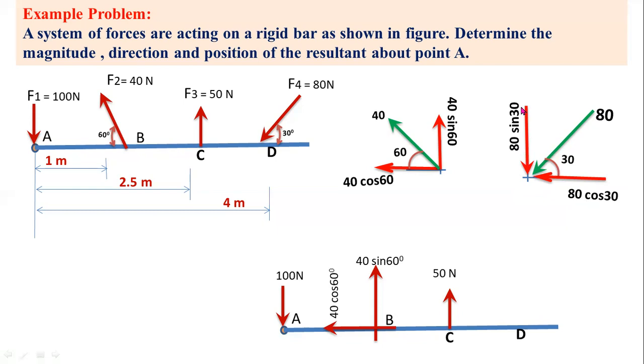This is the opposite side, so we have to consider sin theta. So 80 cos 30 and 80 sin 30. Now I am considering these two forces at point D. This is the vertical force 80 sin 30, and this is the horizontal force at point D equal to 80 cos 30. Now I converted these two inclined forces into horizontal and vertical forces.